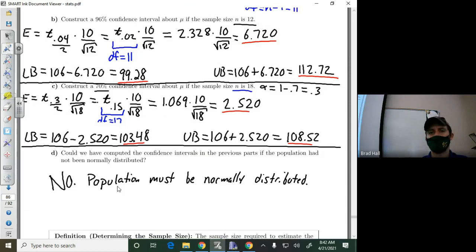So we cannot compute these confidence intervals without a normal distribution of the population. And this is inherited by some of the assumptions we made in order to get the transformation to the t distribution. It makes a few assumptions there.